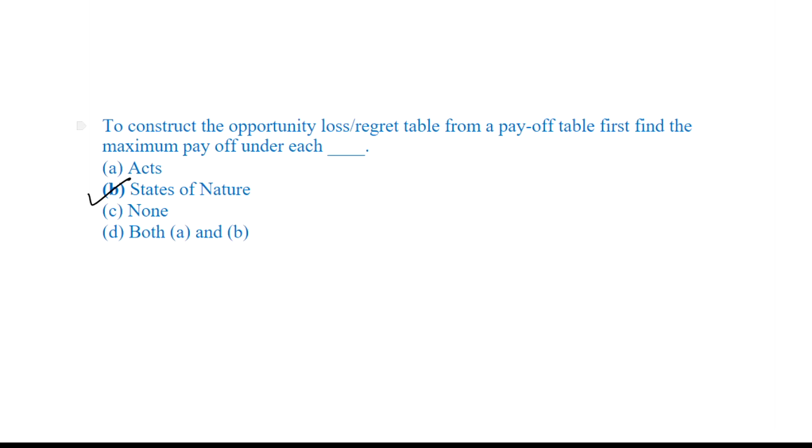Once the maximum payoff under each state of nature has been identified, I subtract all the values of that state from the maximum value obtained. Clear? So it is always the maximum payoff under each state of nature. Moving on to the next question.